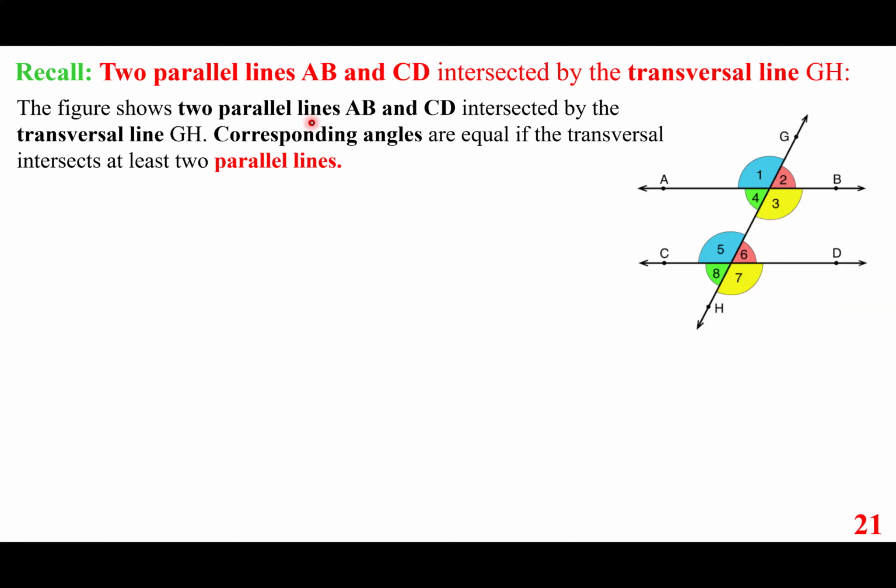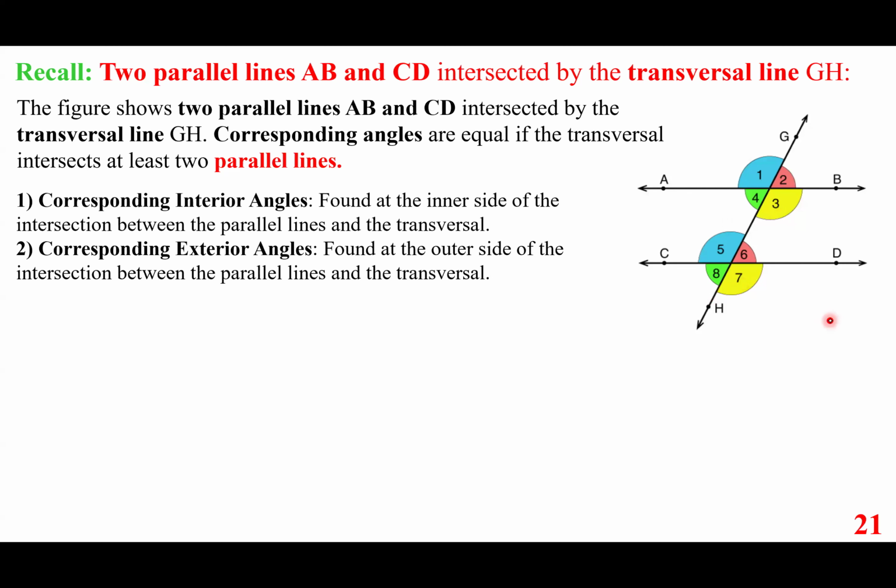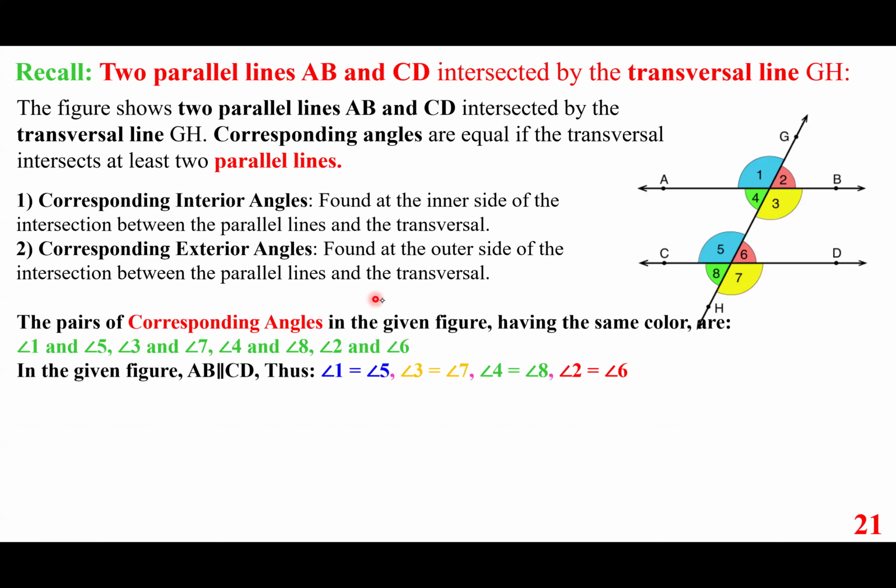Corresponding angles are equal if the transversal intersects two parallel lines. So you can see all the angles that are equal. Just reminding you, corresponding interior angles, corresponding exterior angles.